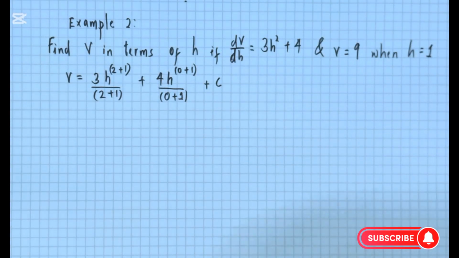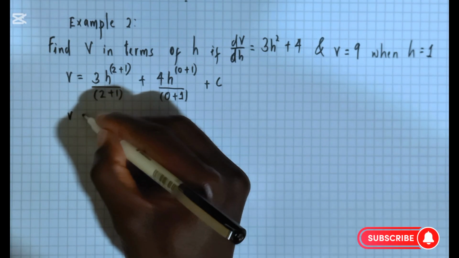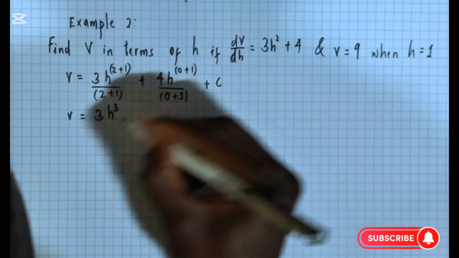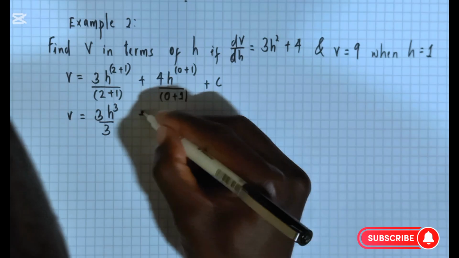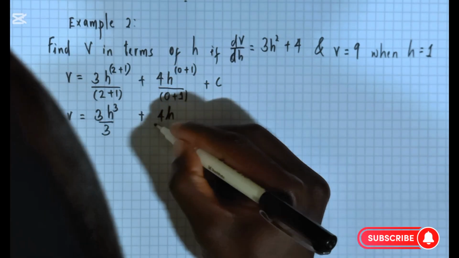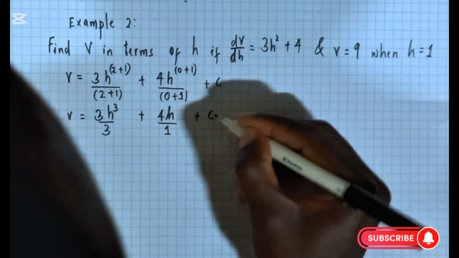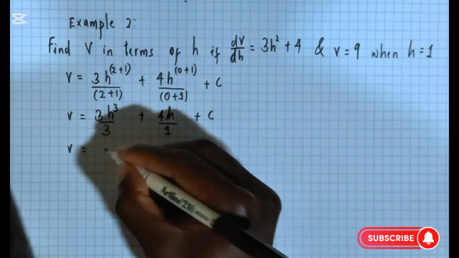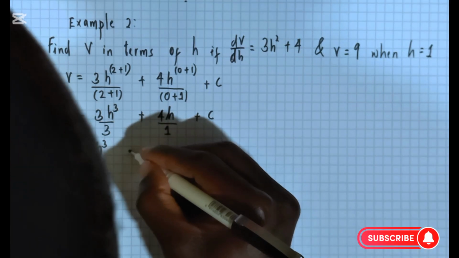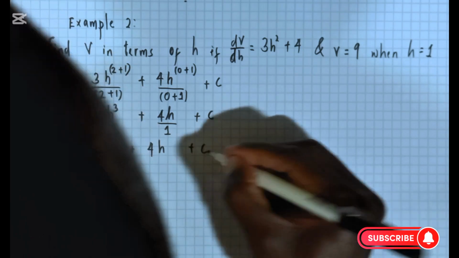plus our constant c. So this basically will simplify to v being equal to 3h cubed divided by 3 plus 4h all over 1, plus c, which we can simplify, and then 3 divided by 3 will give us h cubed plus 4h plus c.